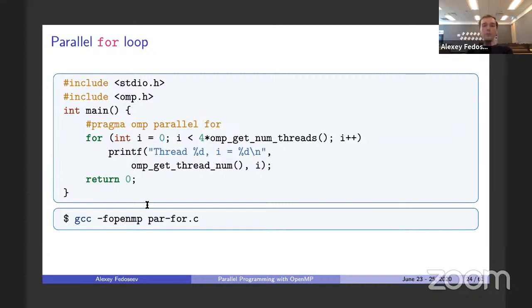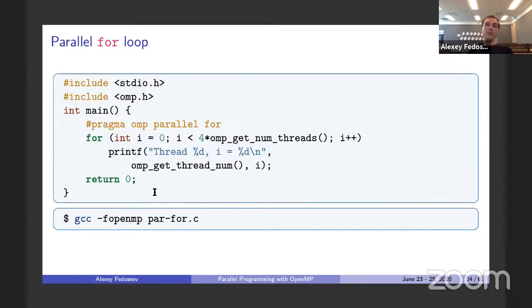Probably by far the most used way to parallelize your code is through for loops. So you have a for loop, and if your for loop iterations are independent from one another, it's very simple to parallelize your code. Here, for example, I have a for loop that simply prints something on the screen, and then just pragma omp parallel for makes it magically parallel.